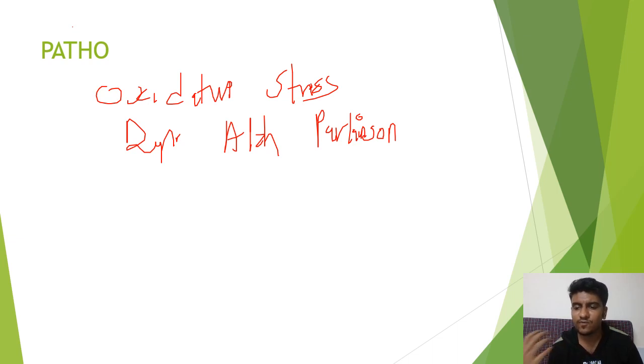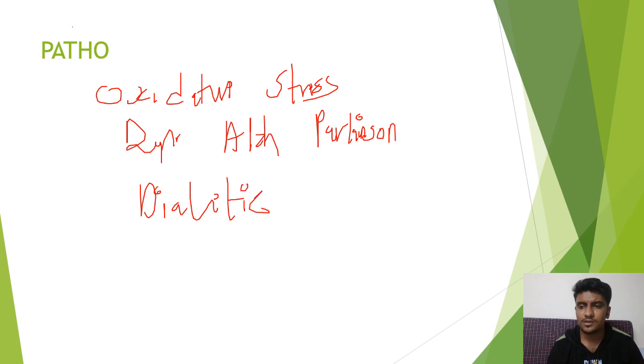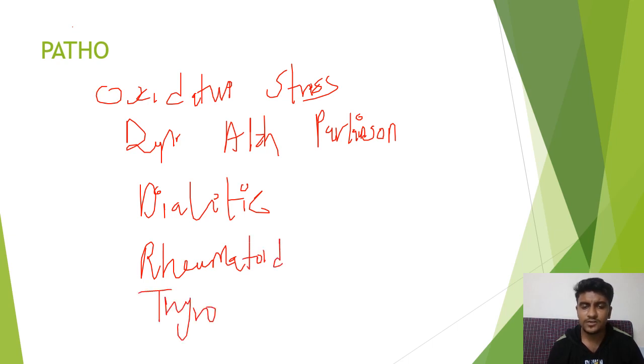How are these formed? How is there an inflammatory storm, neuroinflammation, excitotoxicity? There are various factors that affect membrane permeability and all. So that is what was taught to us about these topics. Then diabetes, diabetic neuropathy, complications of diabetes, nephropathy, retinopathy, rheumatoid arthritis, thyroid, so hypothyroidism, hyperthyroidism, drugs.